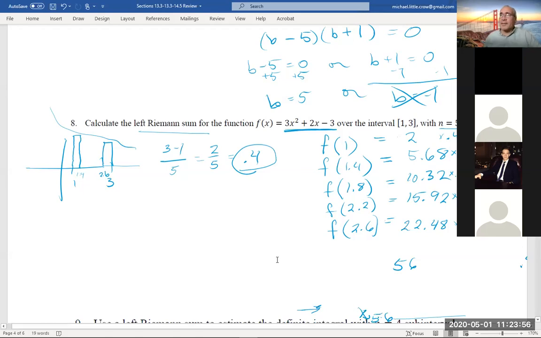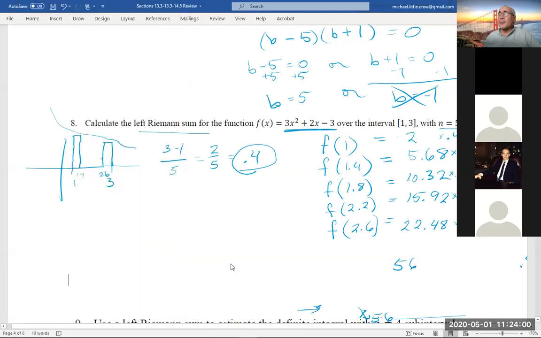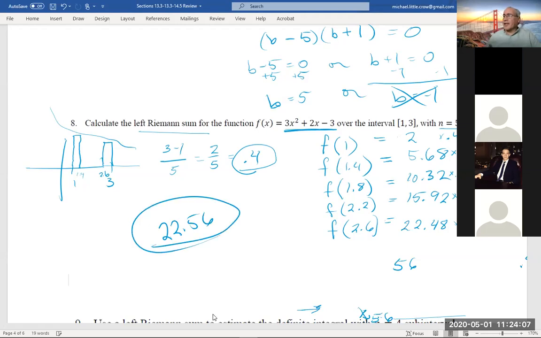Well, anyway, we'll see if I can get to the next one. Our final answer would be 22.56. And it looks like the answer will stay in place. I'm not sure what happened here. Okay. So that's a left Riemann sum.